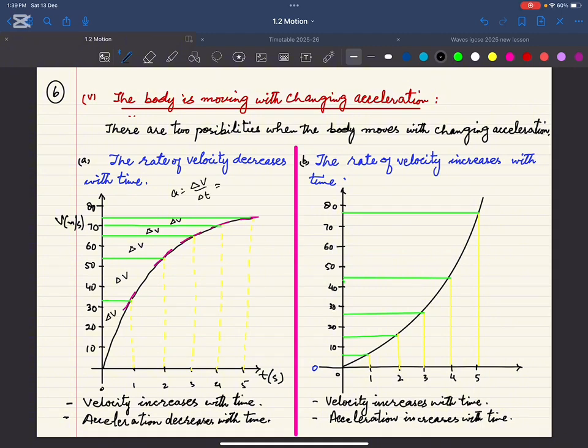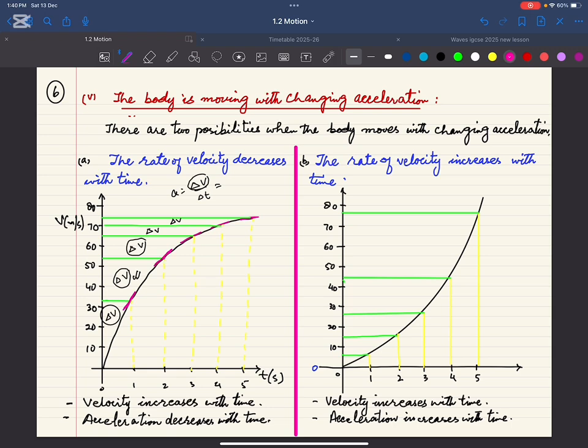So the acceleration decreases with time, because every time this delta V is different, and less than before. This delta V is greater, this delta V is lesser, this delta V is greater, this delta V is lesser, and so on. This is another way to describe the same thing.